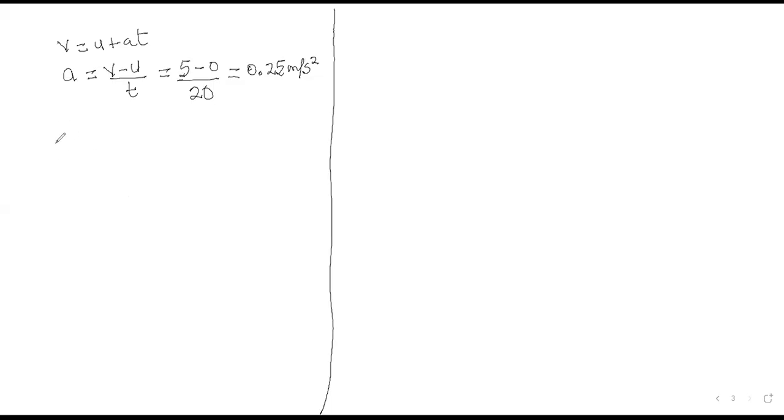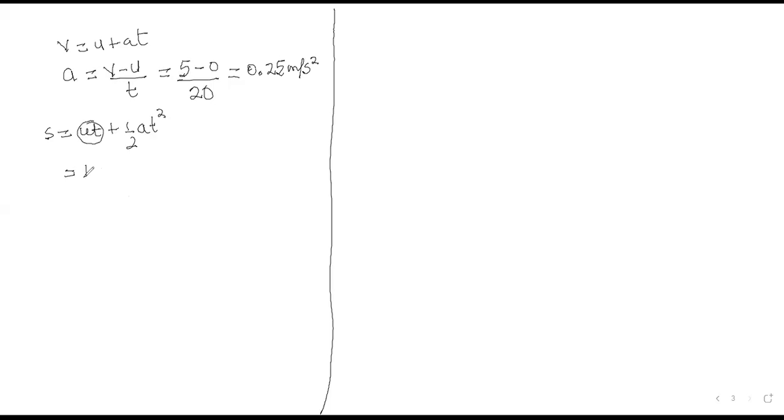During the first part of the motion, we can use S is equal to UT plus half AT squared to find the total distance during the first part. Of course, the motion starts from rest, so U is 0. If U is 0, this whole part goes to 0.